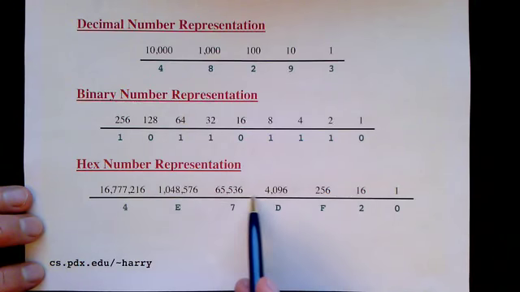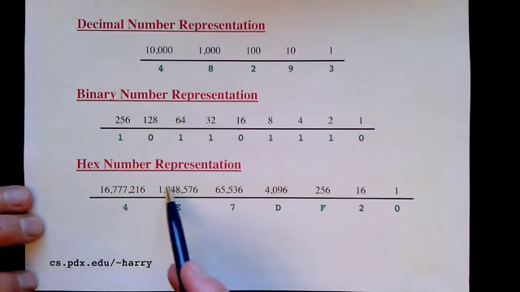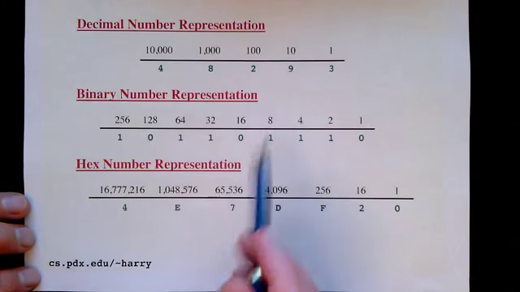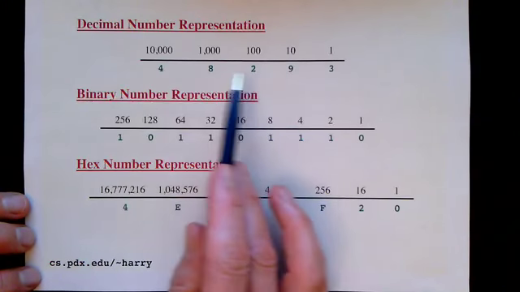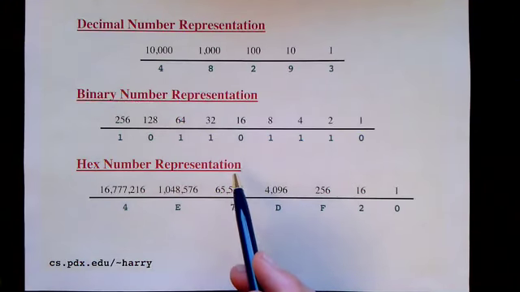You can see that this number is quite a large number. It's got 4 times 16 million, so that's well over 64 million, plus 14 million here. So you can see it's a large number. But here are the place values for each individual numeral in the number.